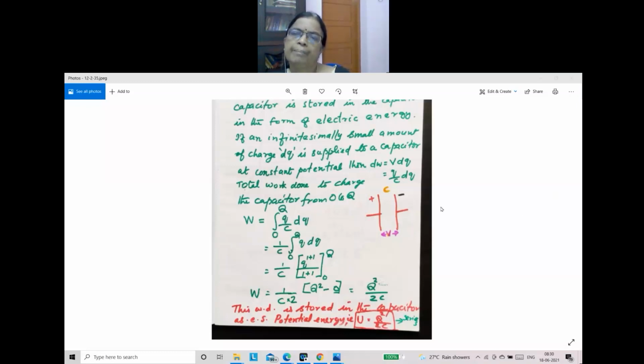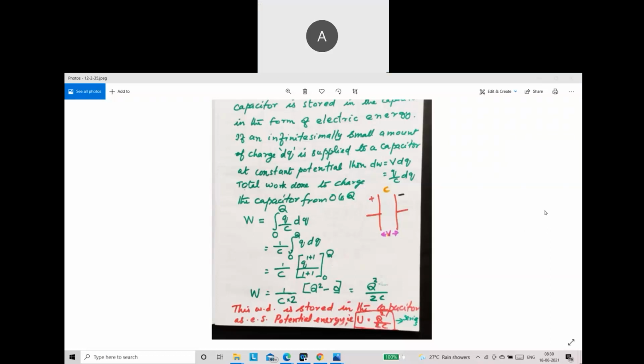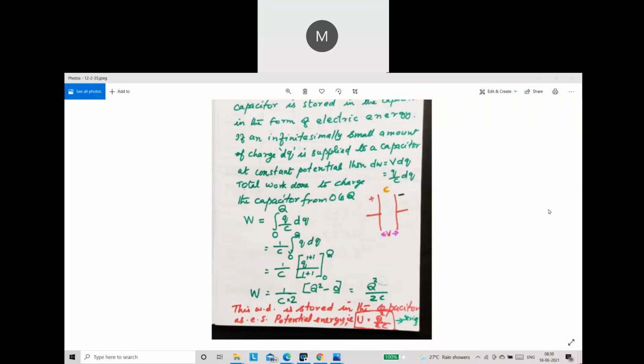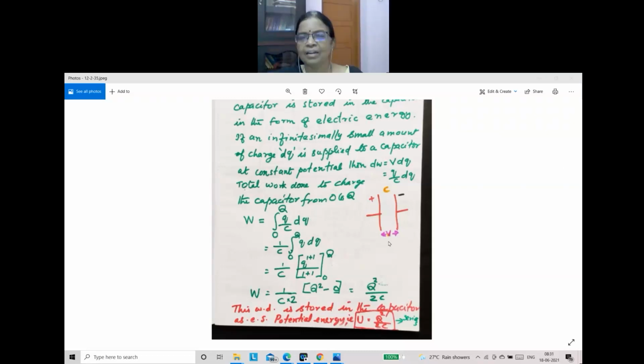Aditya, what is the potential difference applied? Why does no one answer? Abhinav, what is the potential difference applied? I don't know, teacher.